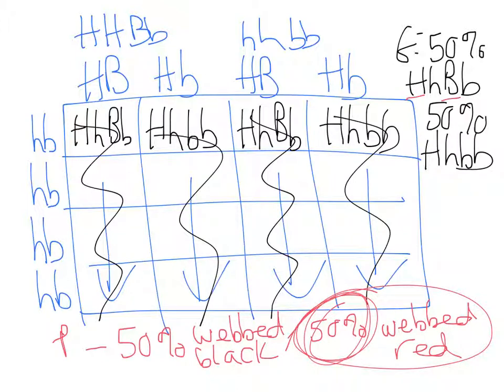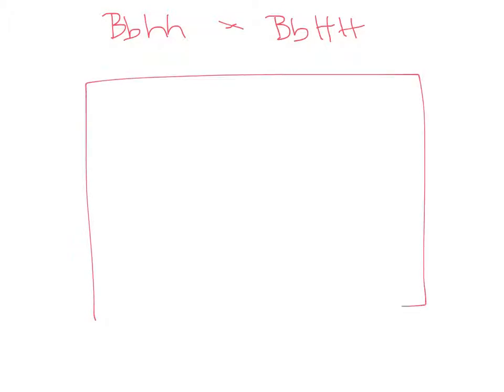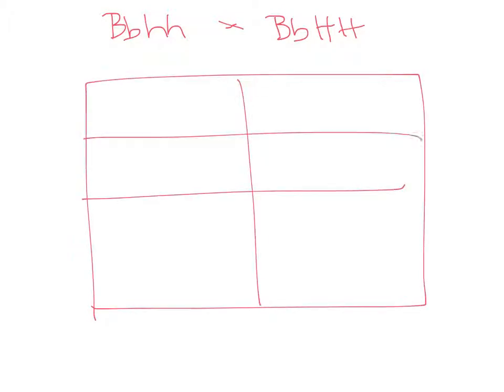All right, one more problem. Cross a heterozygous black-nosed, split hooves reindeer, so that's little h, with a heterozygous black nose again, homozygous webbed hoof, big H. So this time my B's are going first, but it doesn't really matter as long as you're consistent.